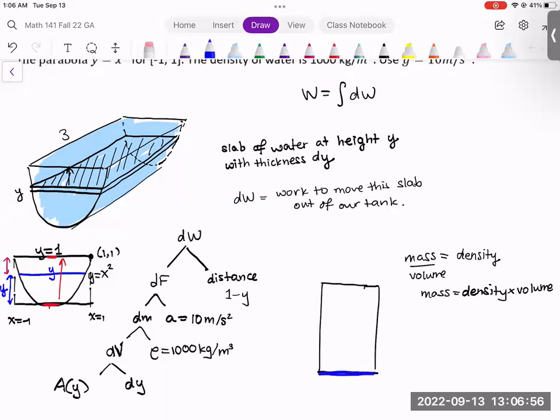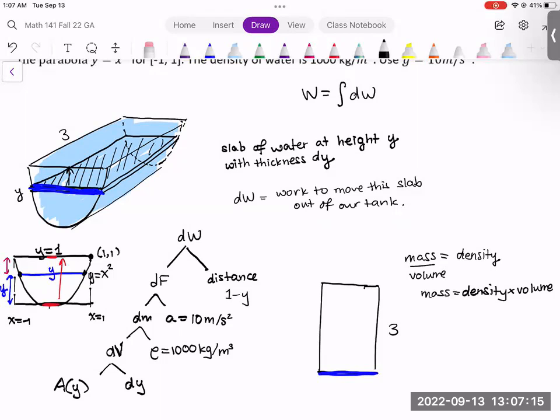Okay, so our cross-section is a rectangle. In one direction, we're length 3. In the other direction is this width along this line where we have height y.